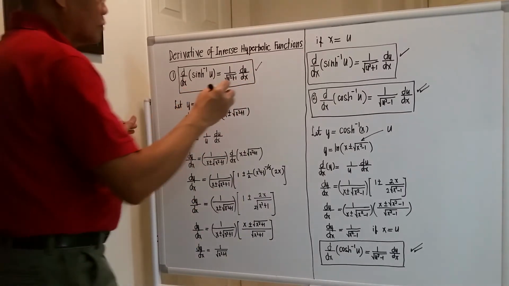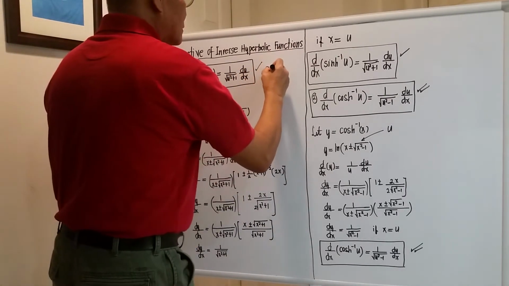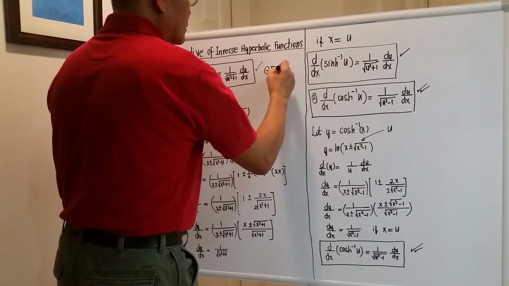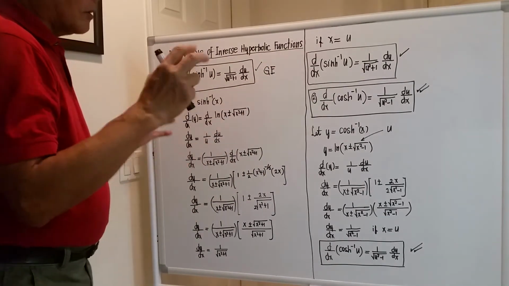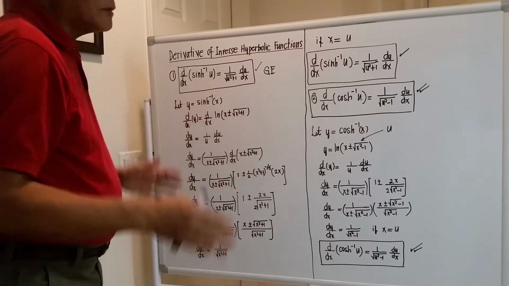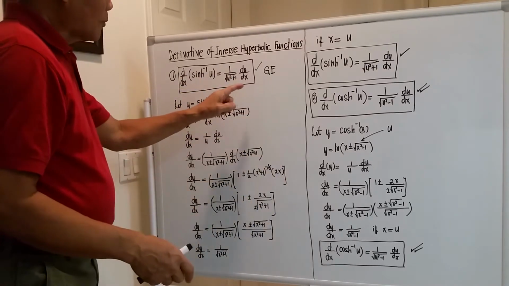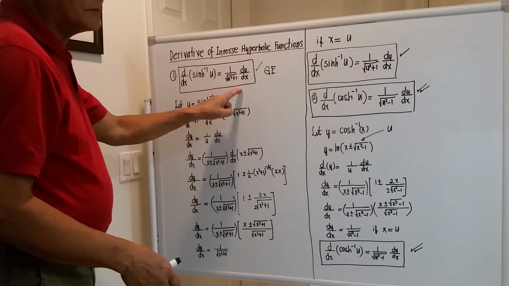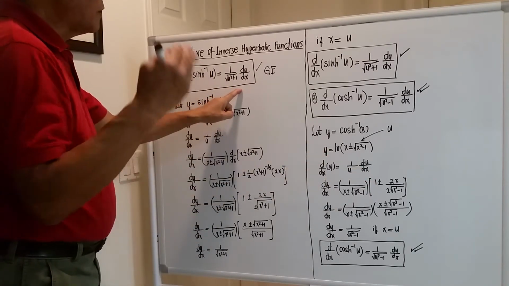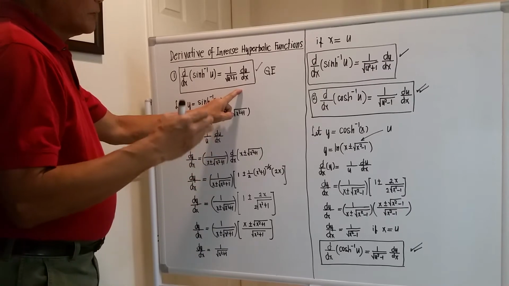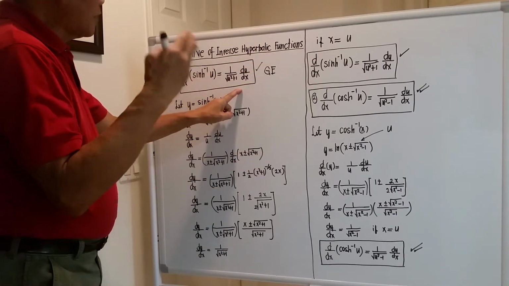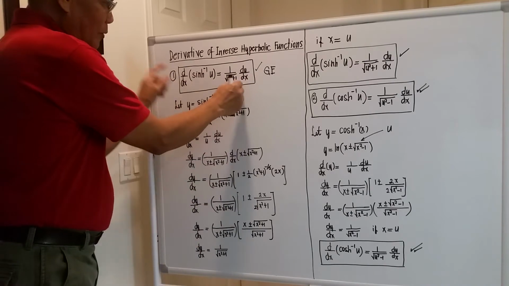That's a general equation. For as long as you are taking the derivative of inverse hyperbolic sine, this is the formula. So if they give you a problem to differentiate inverse hyperbolic sine, this is the formula.